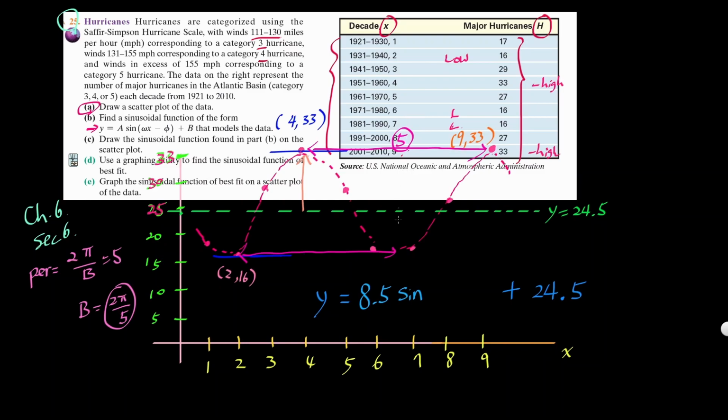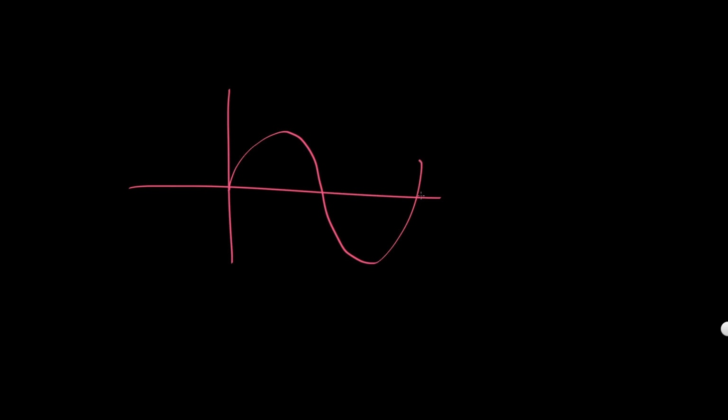Now to find the horizontal phase shift, it's a bit tricky, so let me explain. If you have a sine graph that looks like this, from here to here is a full period. From the peak to the midline, this distance should be 1/4 of whatever the period is.